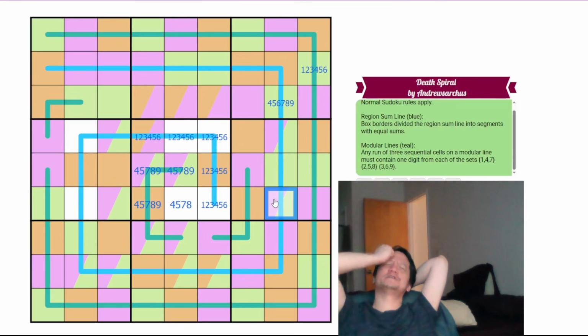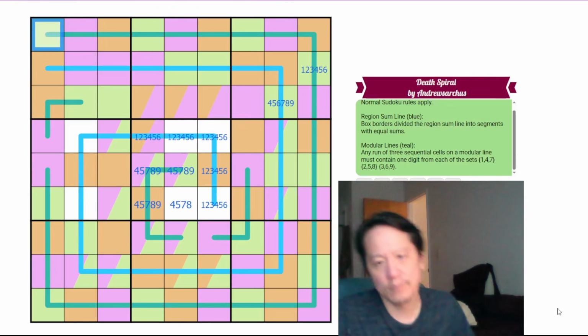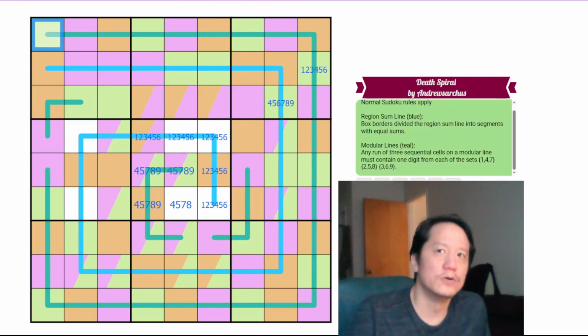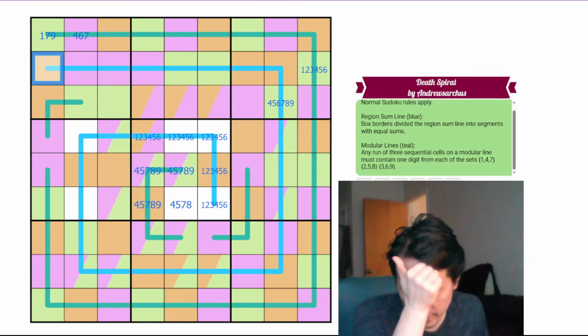Right? So 1 7 and 9 add up to 17. 4 7 and 6 add up to 17. Let's write these down. So 179 or 476 add up to 17 for 1 mod 3.